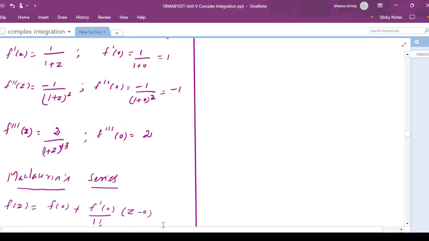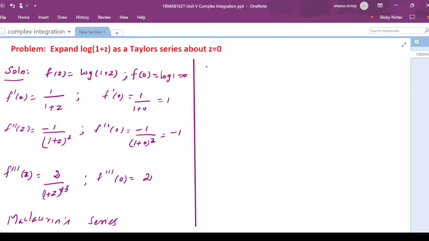Now substituting the values here, what is f of z?